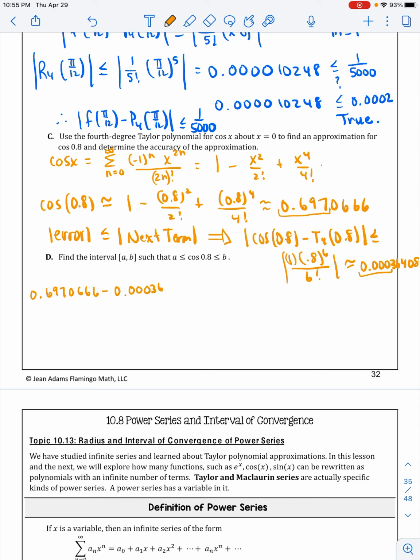So we've got our 0.6970666 if we wanted to, and we're going to subtract our error, 0.000364088, and then less than or equal to cosine of 0.8, less than or equal to 0.6970666 plus our 0.000364088.